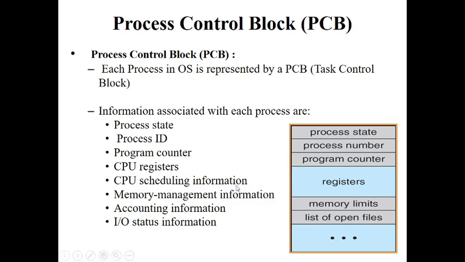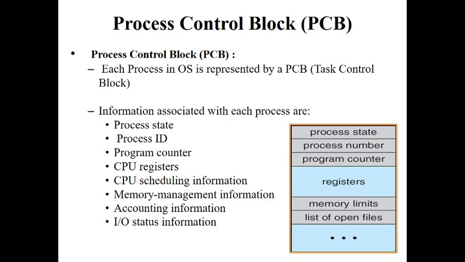So these are the list of information that the operating system stores about any process in a particular data structure called a process control block.